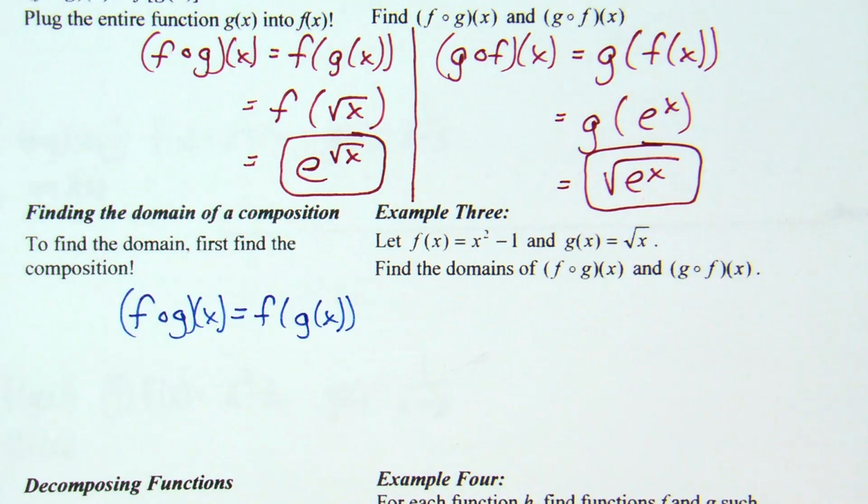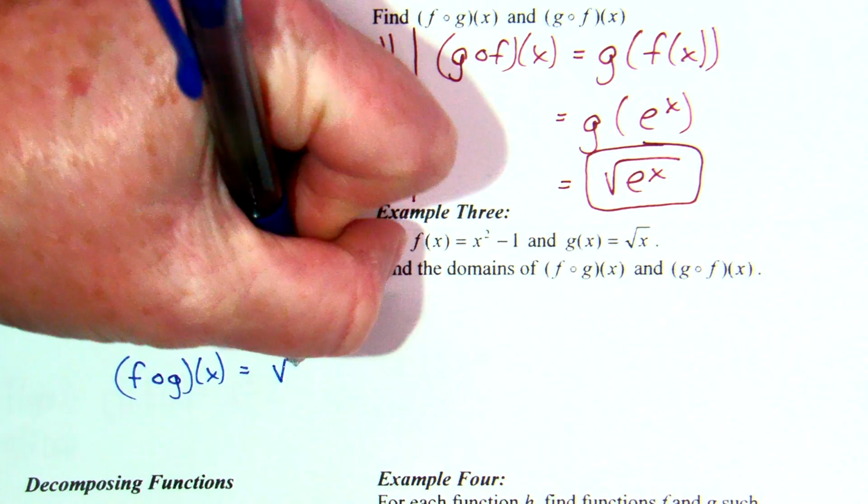So what is g? Square root of x. And I'm going to plug it into the f. And there it says to do whatever it is squared minus 1. So instead of x squared, I'm going to square root of x, squared. So f of g is going to be square root of x squared minus 1. Are we okay with that?